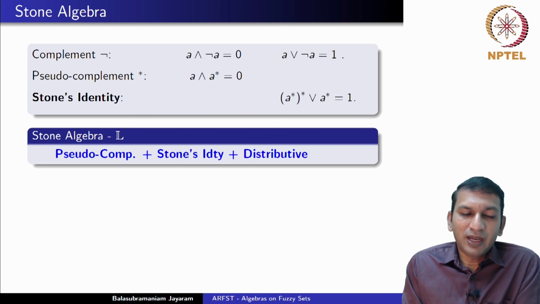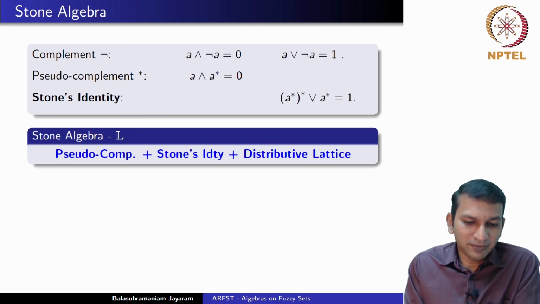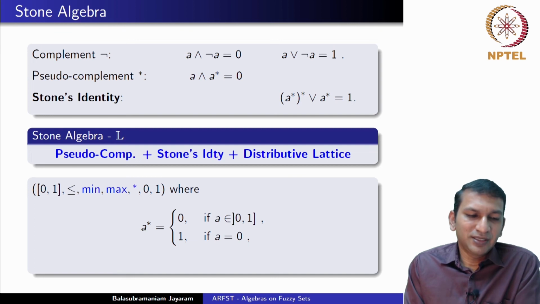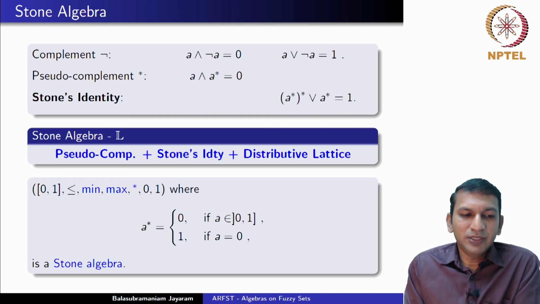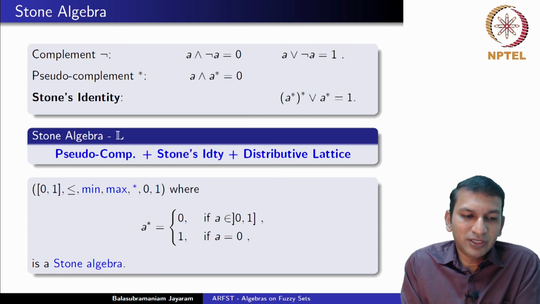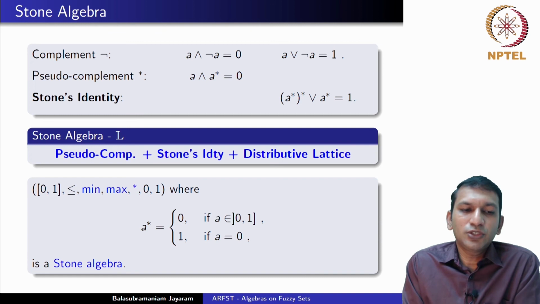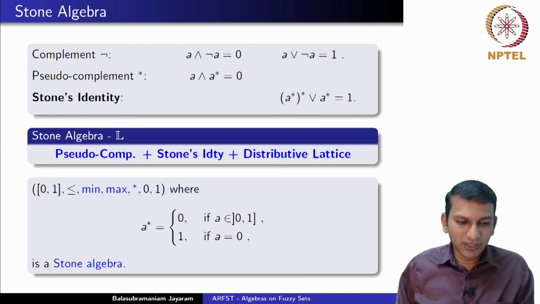So if a lattice L is distributive, has a pseudo complement which also satisfies Stone's identity, we call it a Stone algebra. And what is interesting is that what we have seen as a pseudo complemented distributive lattice, under the same pseudo complement, can be shown to be a Stone algebra. That means this particular function actually satisfies Stone's identity.